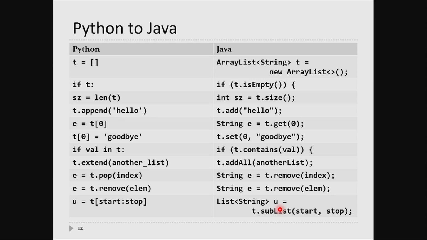I don't think that's the same in Python. I think the slice gives you a new list in Python. In Java, it's not actually a new list, it's part of the original list. This method is really useful in Java.